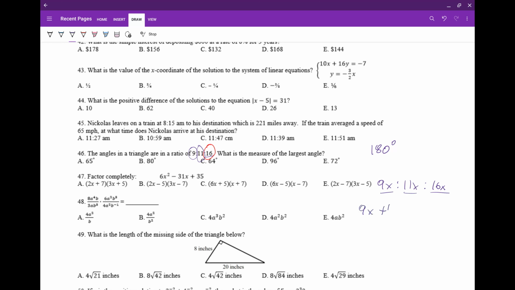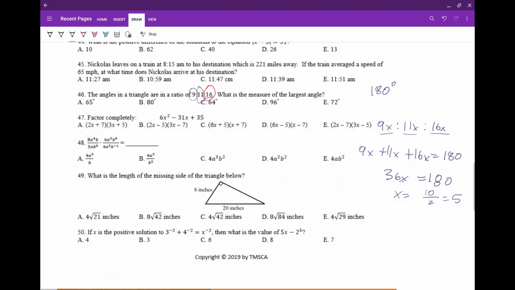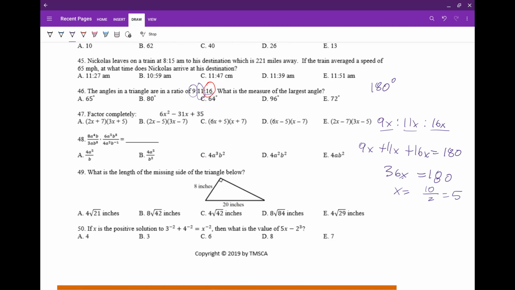We have 9x plus 11x plus 16x equals 180. That would be 36x is equal to 180. Right? And then you can divide by 36, and you get x is equal to 5, because 180 is 5 times 36.